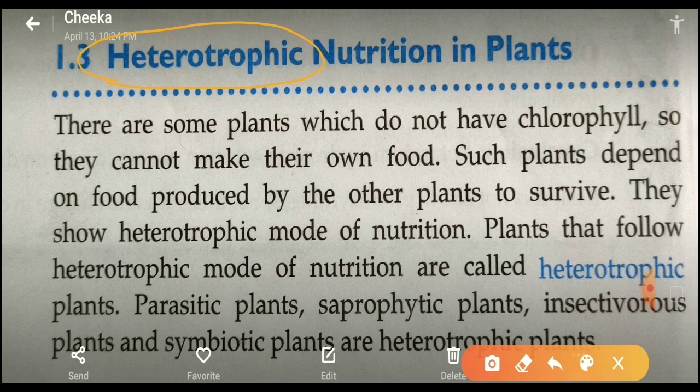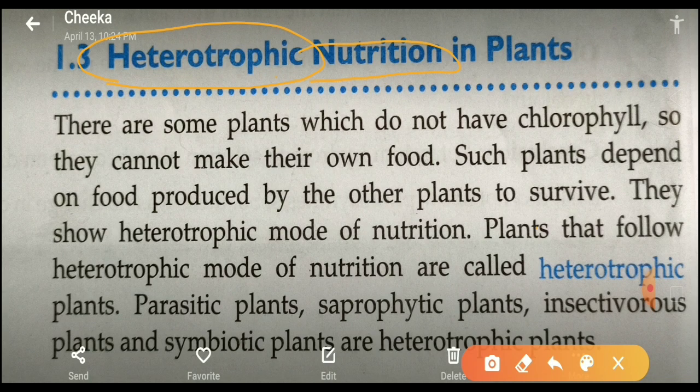They make their own food during the photosynthesis process. So some non-green plants and some organisms are not able to make their own food, and they get their food from others. They are known as heterotrophs, and the mode of nutrition will be heterotrophic nutrition.